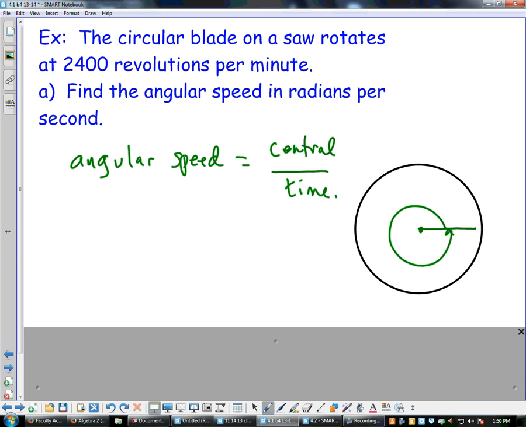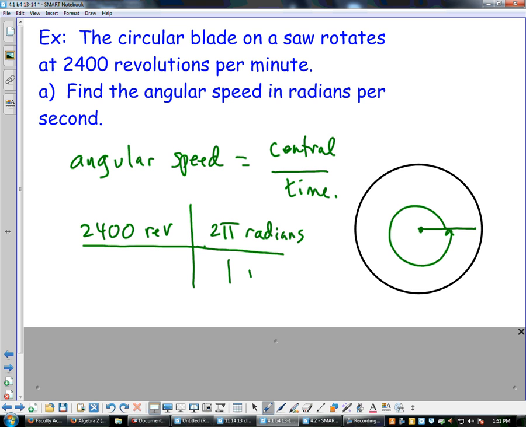So we need to get a measure for the angle that's been traversed in 1 minute. You with me? So if it's 2,400 revolutions, what would be the radians in 1 revolution? 2 pi, so I could write this as times 2 pi radians per 1 revolution, right?